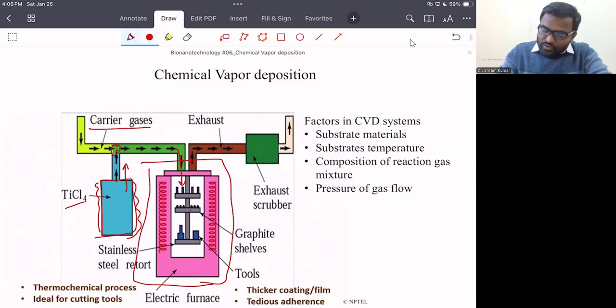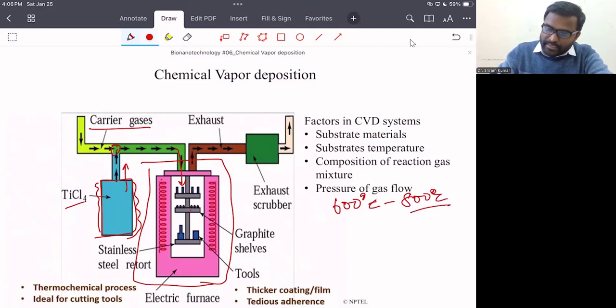In the deposition chamber, we have heating. That depends on the kind of CVD technique we are going to use. In chemical vapor deposition, the normal temperature is from 600 degrees Celsius to maybe 800 degrees Celsius.